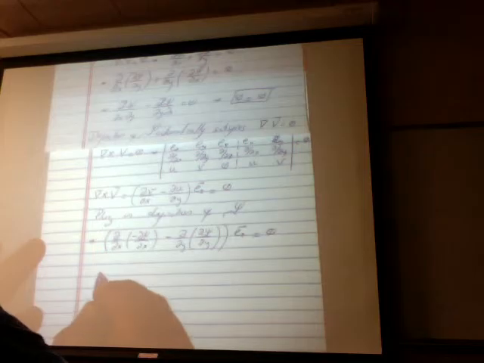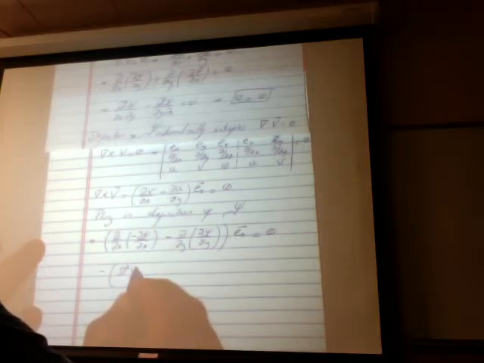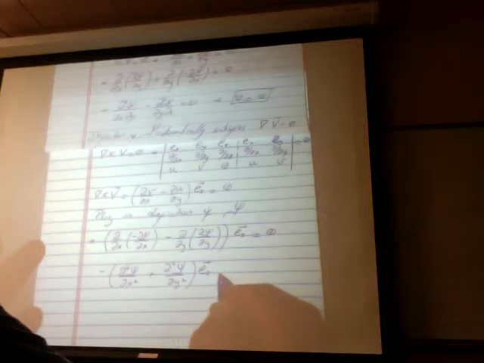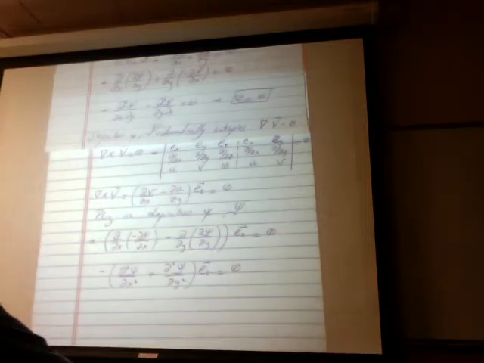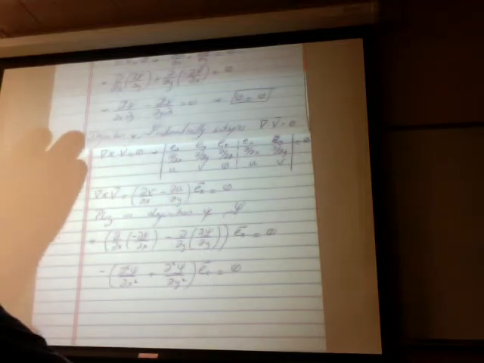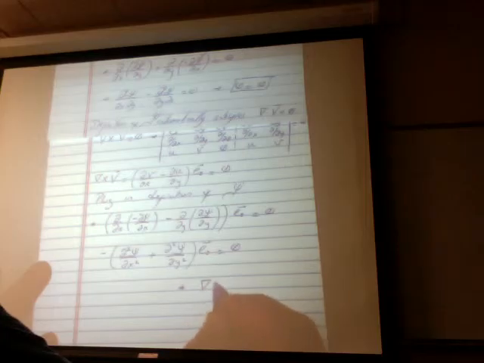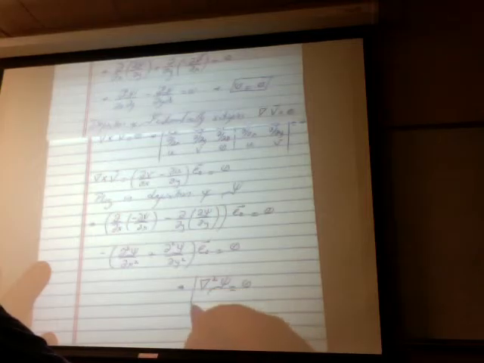So that means minus the second derivative of psi with respect to x squared plus the second derivative of psi with respect to y squared, in the z direction, must be equal to 0. And that means, essentially, that the Laplacian of psi is equal to 0.